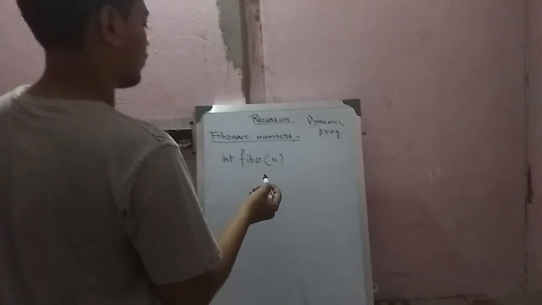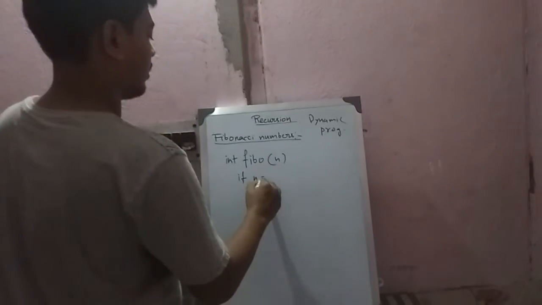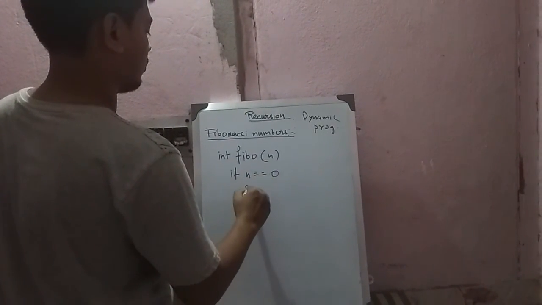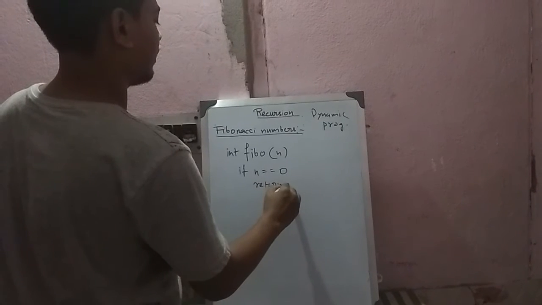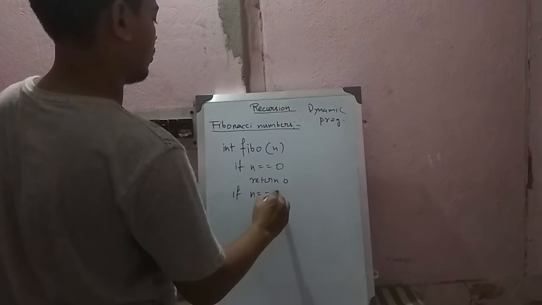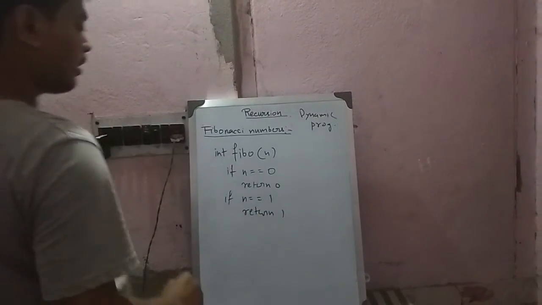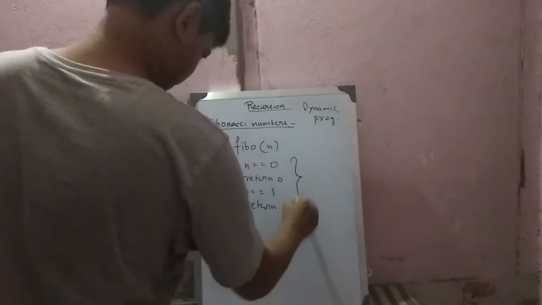Okay, so if n equal to 0, return 0. Then if n equal to 1, return 1. These two are base cases.